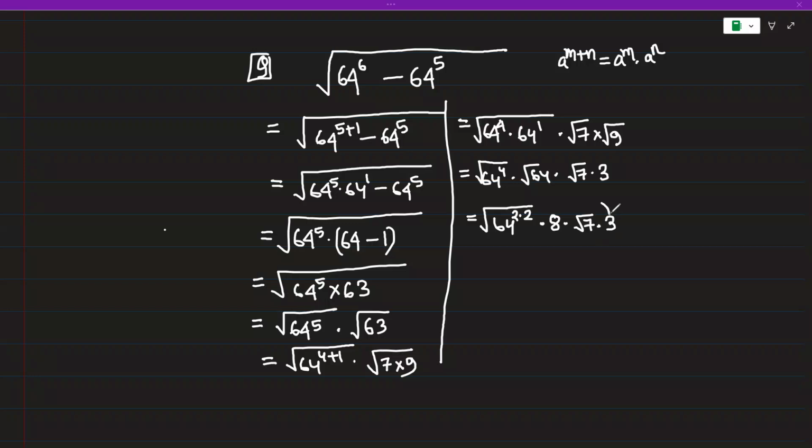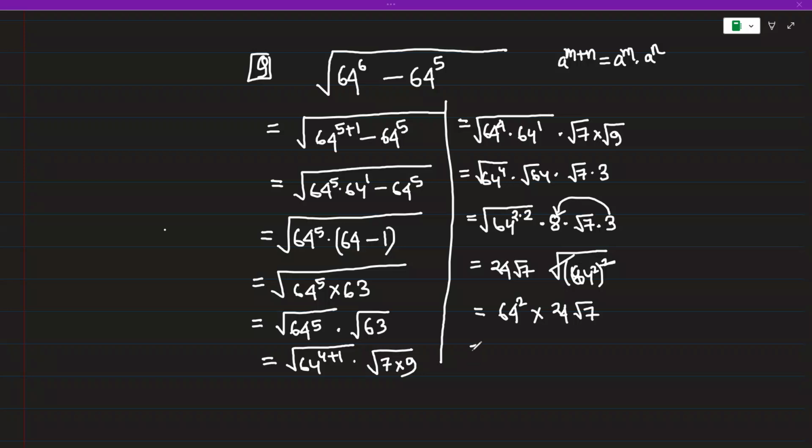Now if you multiply this 3 and 8, we got 24 root 7. 64^(2 times 2), we can write as (64^2)^2. So if we cancel this square root and 2, we get 64 squared times 24 root 7.